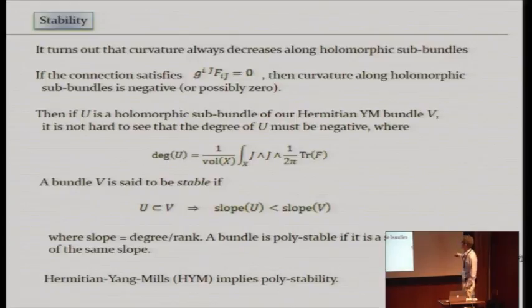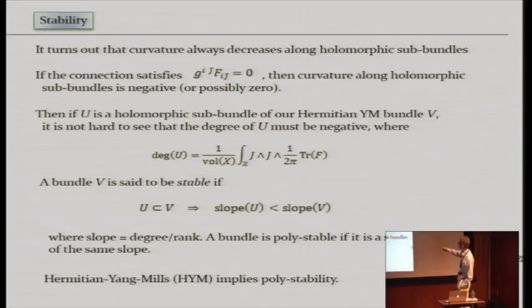Okay? Now, the expression I have over here, J wedge F, that's actually proportional to the Kähler trace. So that's going to be some negative definite matrix. And now if I just take the trace of that, the trace here in the gauge indices, I end up with something that's negative, or possibly 0, at every point in space-time.